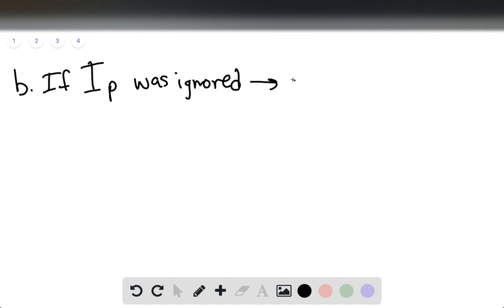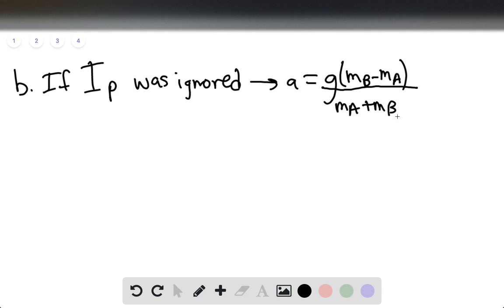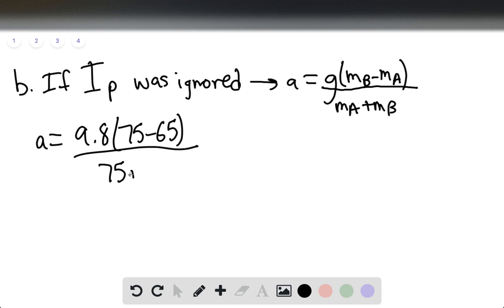So if it was ignored, that means that the acceleration would equal G times MB minus MA, divided by the mass of A plus the mass of B. And so we can say that A is going to be equal to 9.8 times (75 minus 65), divided by 75 plus 65. And this is giving us 0.700 meters per second squared.